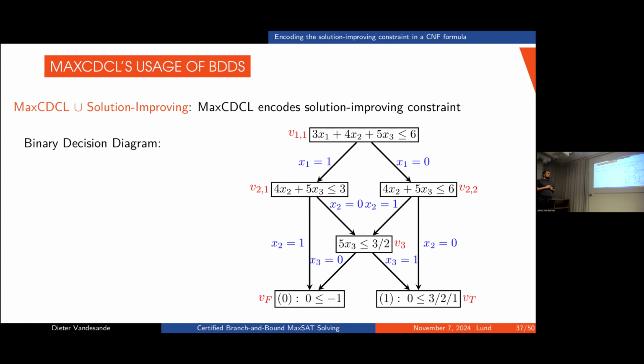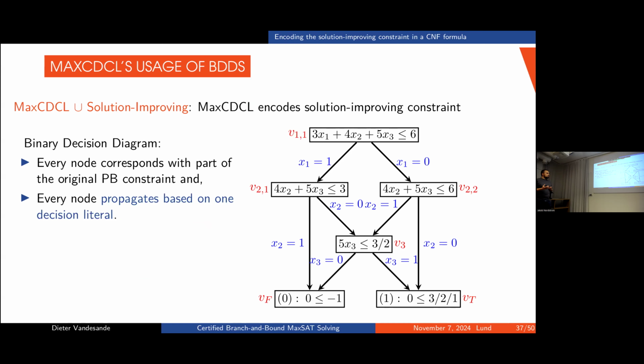The idea of this BDD encoding is that it will introduce some diagram, some decision diagram, where every node corresponds to a part of the original pseudo-Boolean constraint, and every node propagates based on one decision list.